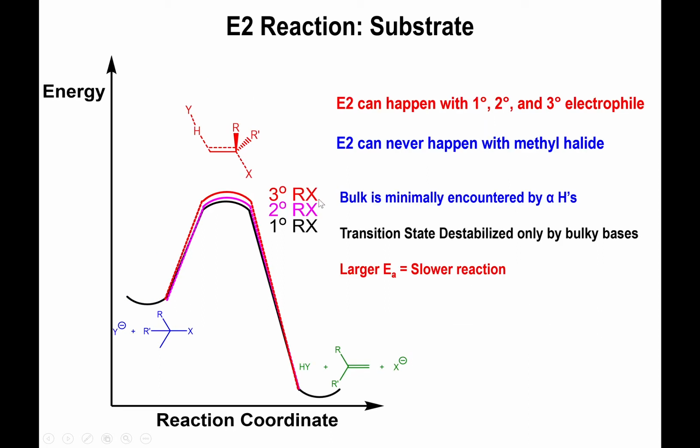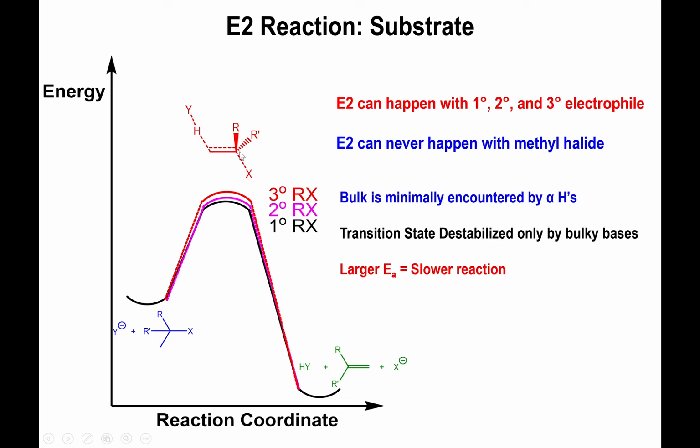Now, in terms of the substitution of the alkyl halide, this was a big factor in substitution reactions. But in elimination reactions, at least the E2 reaction, it doesn't really play a huge role. The main reason is simply because the base is not attacking the carbon center that bears the leaving group. The base is attacking the group next to it.